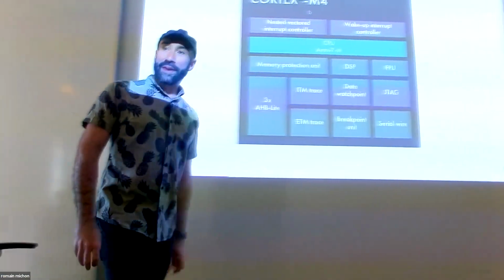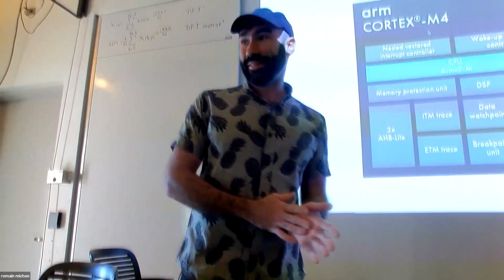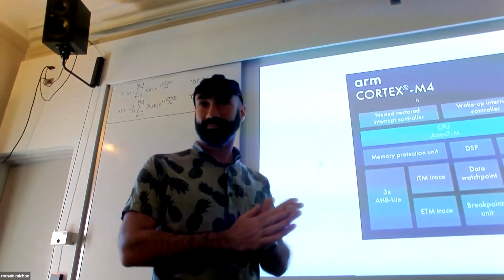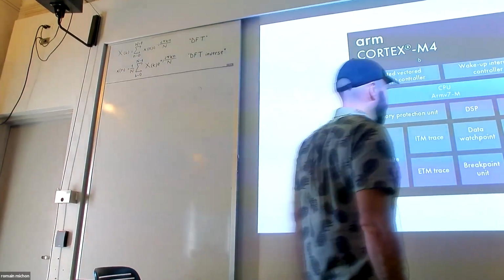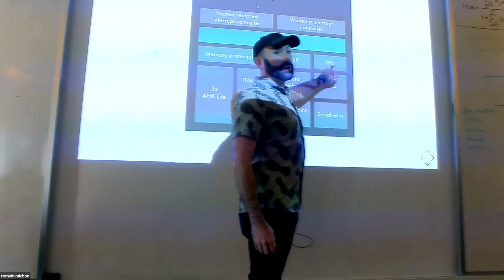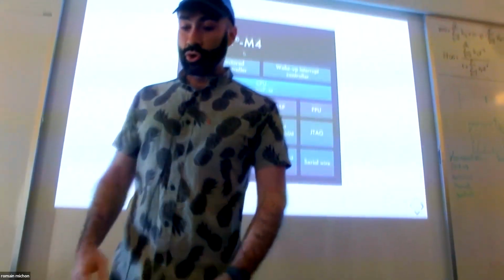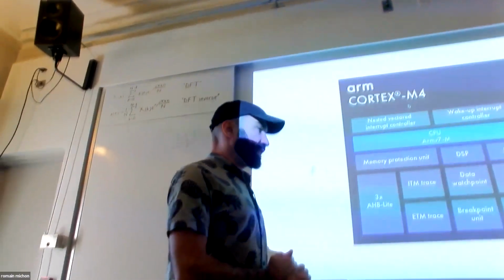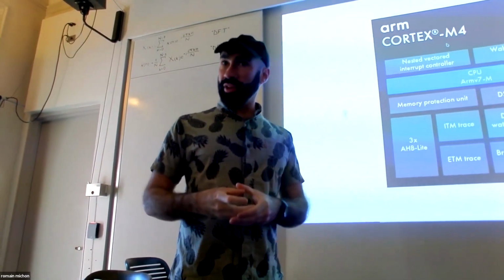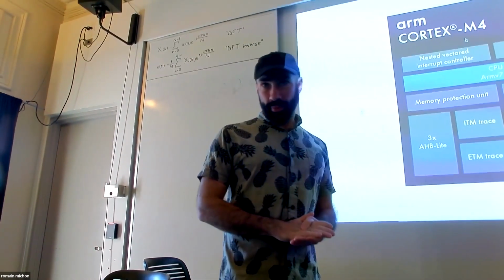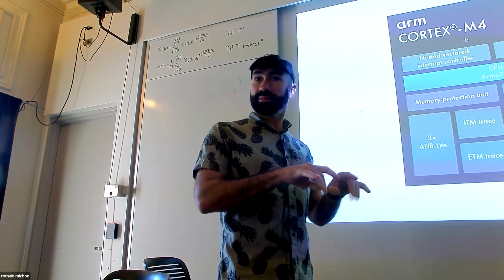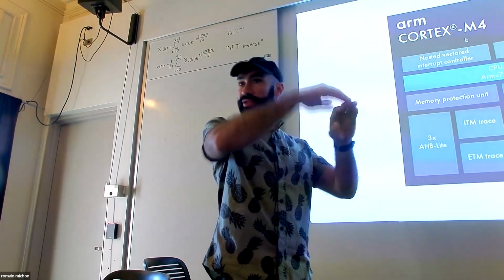Do you know what an FPU is? Have you heard of that before? Floating point? Yes, it is a floating point unit. So what does it mean? It means that on an Arduino, like an Arduino Uno, for example, you can use floating points, you can say float, whatever.